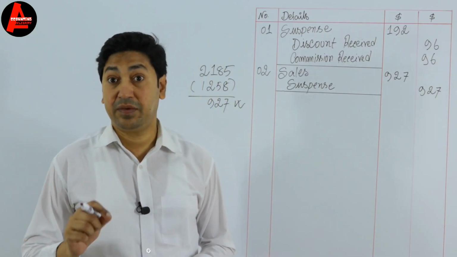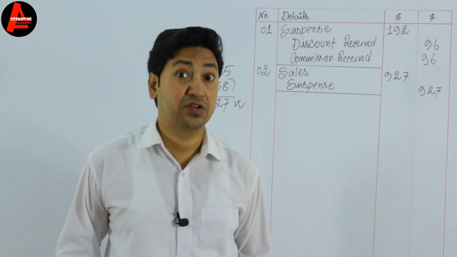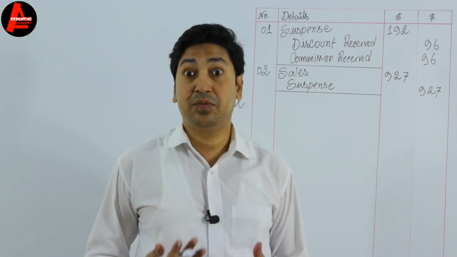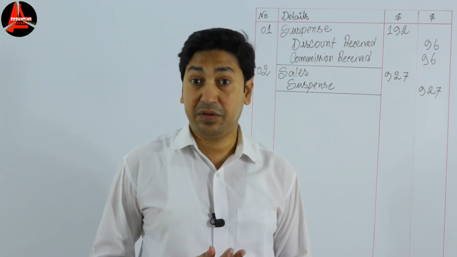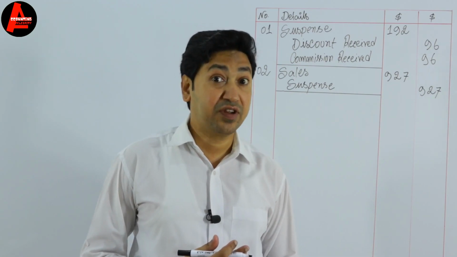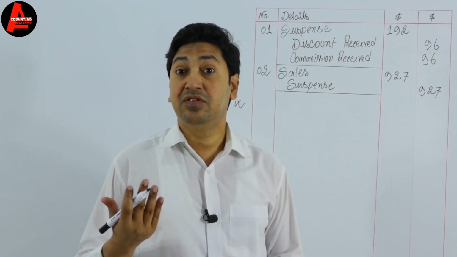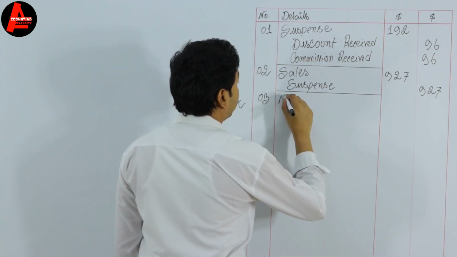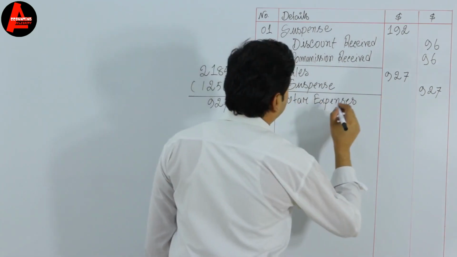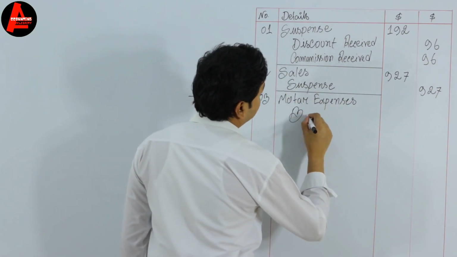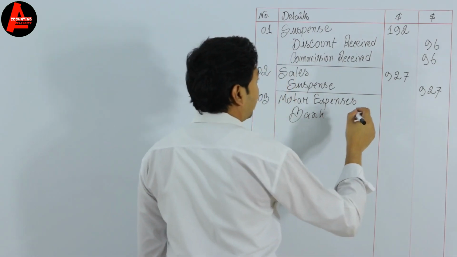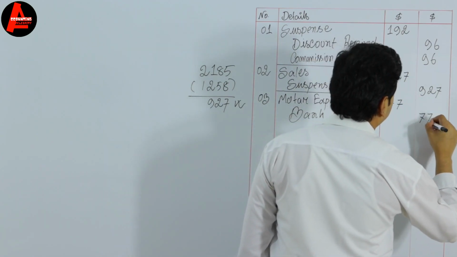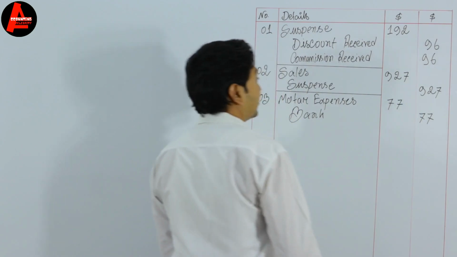Expense is a normal debit account, debit balance, so motor expenses will be debited, and money for motor expenses had been paid by cheque, so bank account will be credited. Bank is an asset, asset will be here decreased, decrease in asset will be credited. Okay, so let us write here number 3. We will write here motor expenses debited and bank account to be credited. Okay, the amount is here 77 on the debit side and 77 on the credit side. Okay, so this is done.